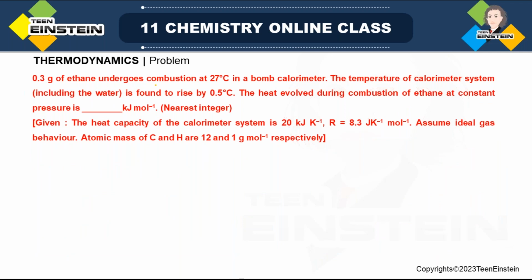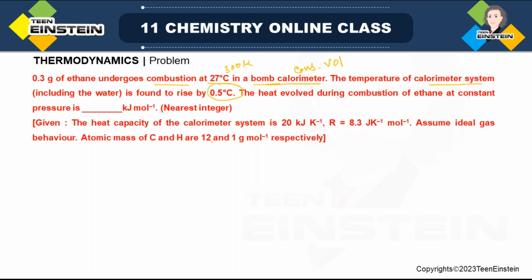0.3 gram of ethane undergoes combustion at 27 degrees centigrade, which is basically 300 Kelvin, in a bomb calorimeter. Now, if it is specified like this, it means basically constant volume. The temperature of the calorimeter system, including the water, because in a calorimeter there is always an amount of water involved, but sometimes it is mentioned excluding water, here it is including water.